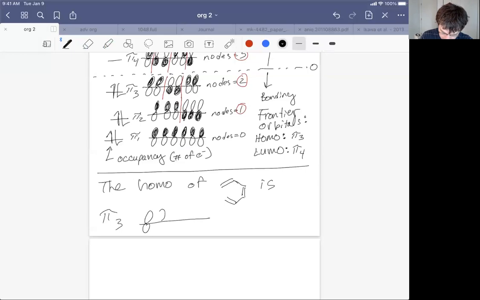Pi 3 has orbital shading such that we have 2 nodes, and that's just kind of having thirds within our picture. So we can get the 2 nodes.